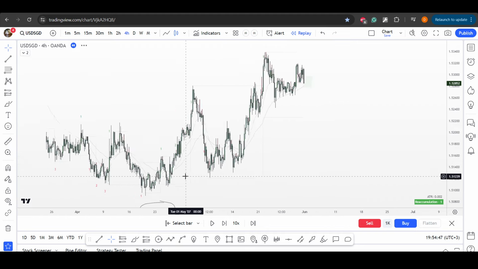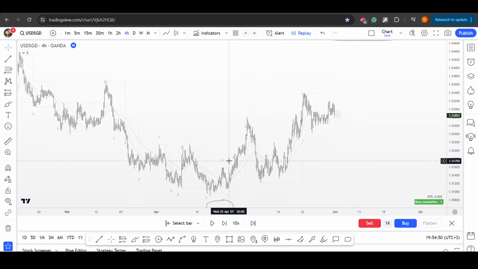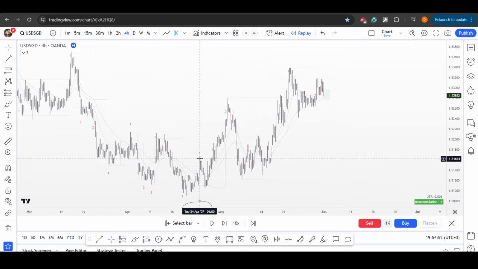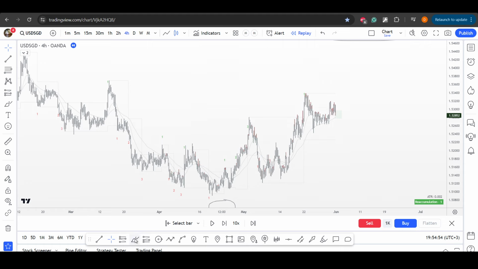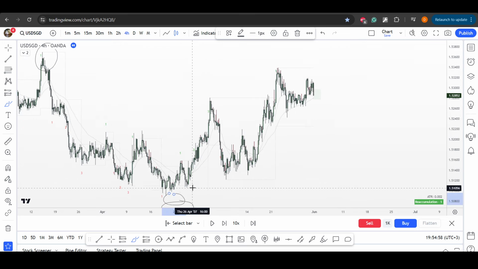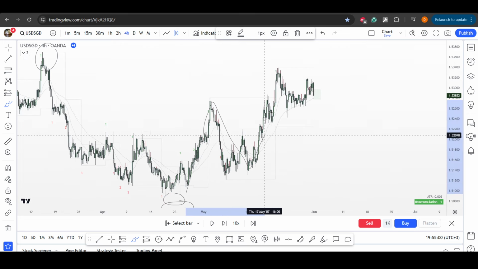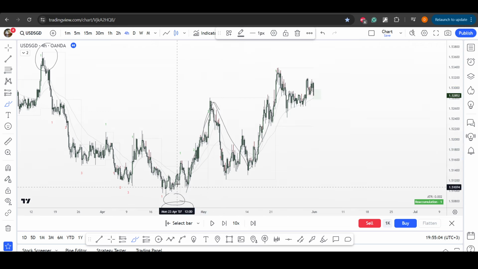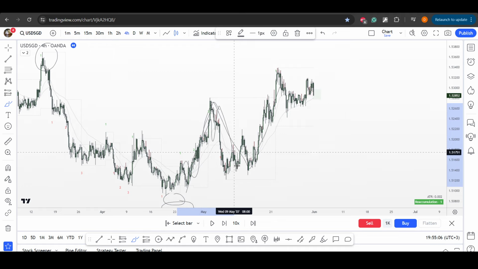So on the lower, we have this institutional leg here, and then inside structure from this institutional leg, or real structure from 4 hours. 3 shifts to the upside, 1 to the downside, and now 1 shift to the upside.